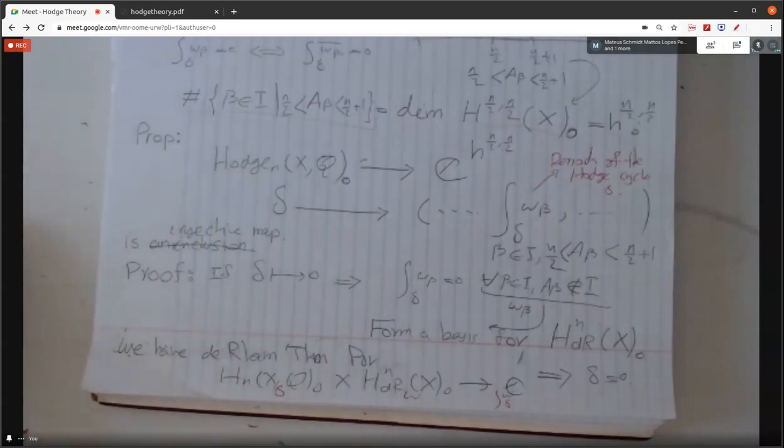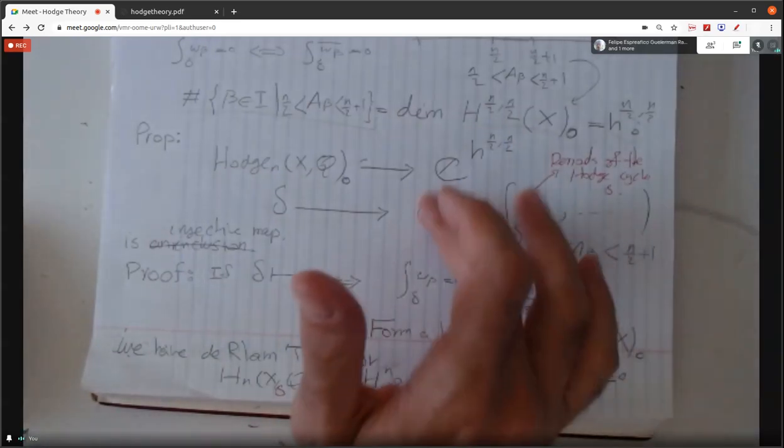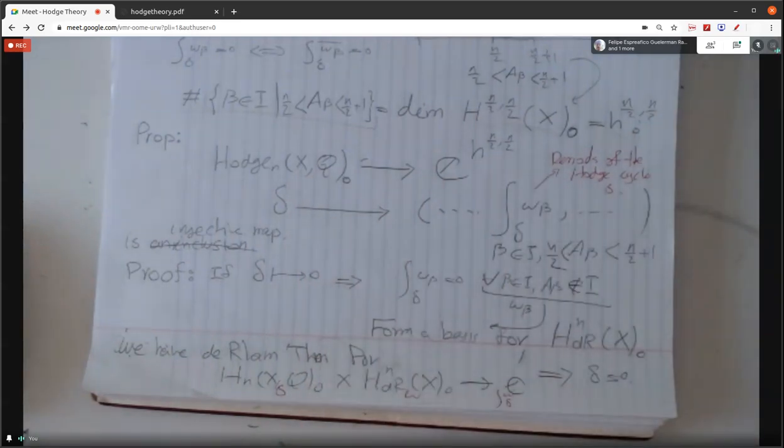So from now on, we are going to discuss a little bit that these periods contain a lot of arithmetic data, a lot of arithmetic and algebraic geometric and, what else, transcendental number theory stuff. Okay, so any question?